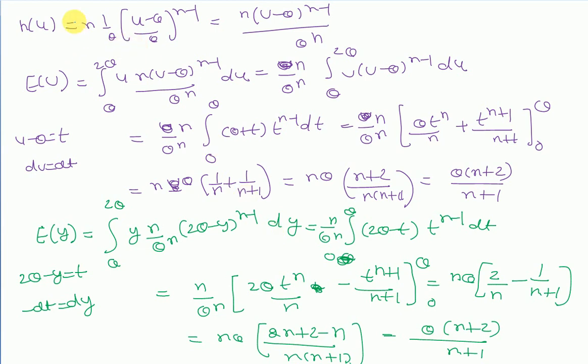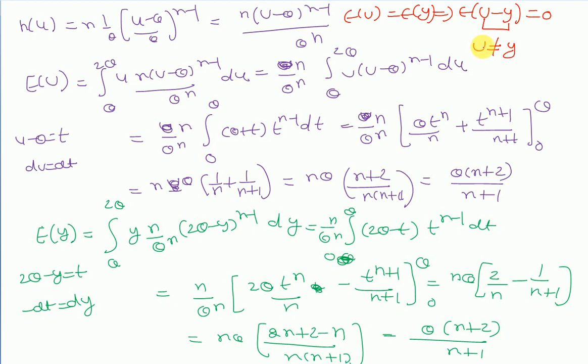So expectation of u equals expectation of y. Now think. Since expectation of u equals expectation of y, we can write expectation of u minus y equals 0. We are having a function of u and y, that is u minus y equals 0, where u is not equal to y.